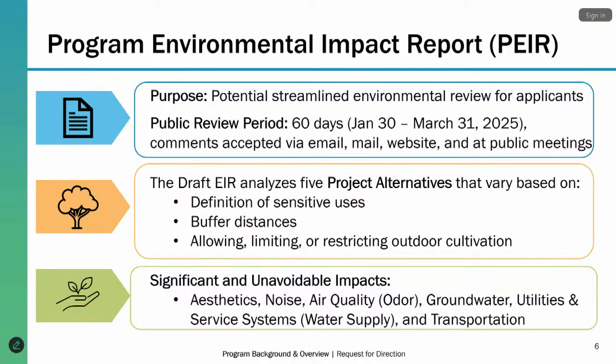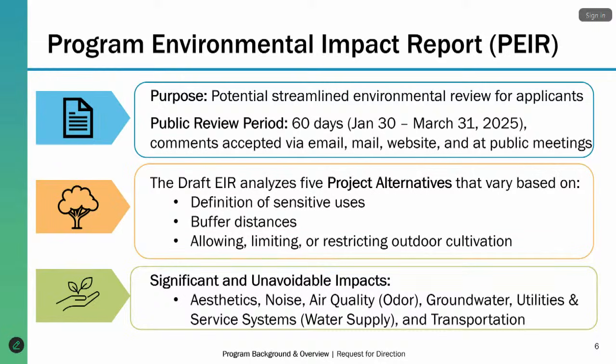The draft PEIR found that adoption of the SECP could result in significant and unavoidable environmental impacts. These include impacts related to aesthetics, temporary construction-related noise, odor, groundwater, water supply, and transportation.